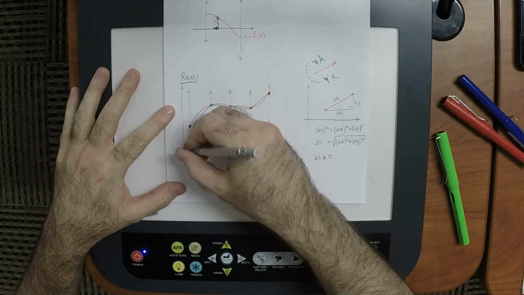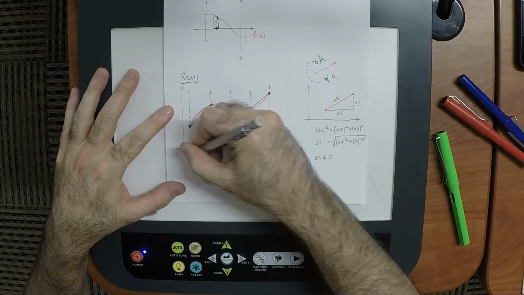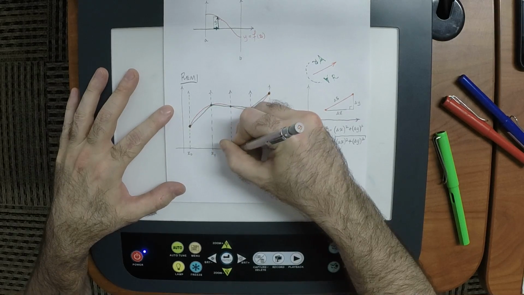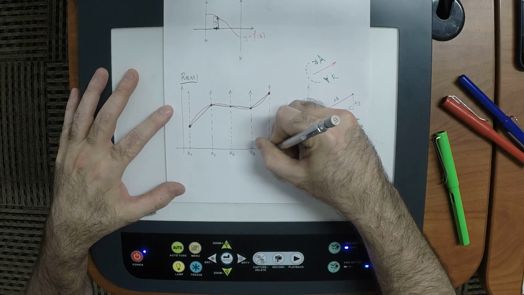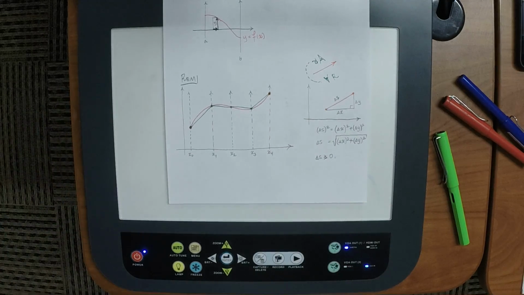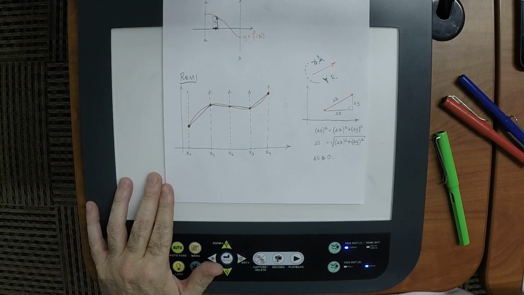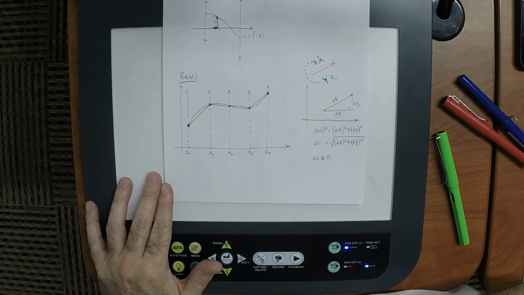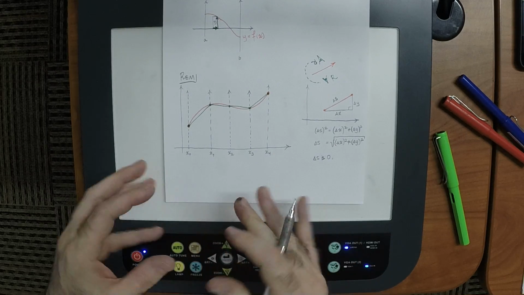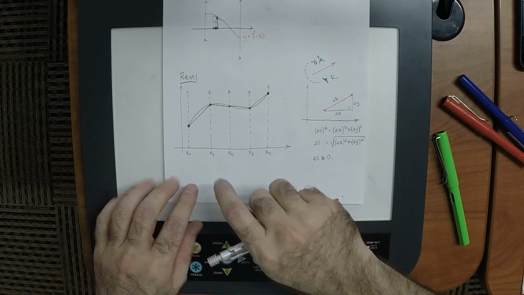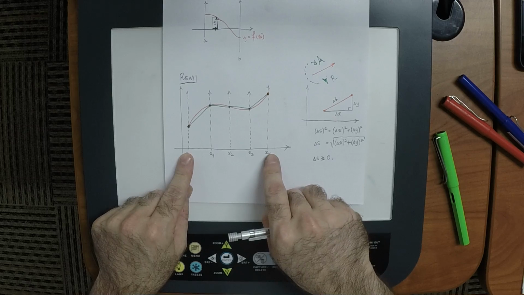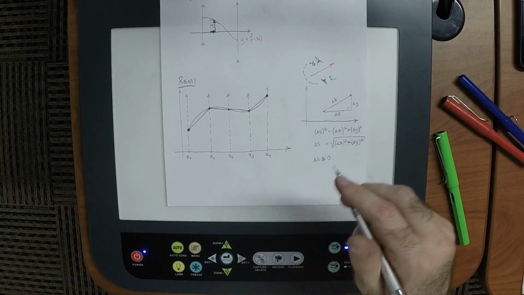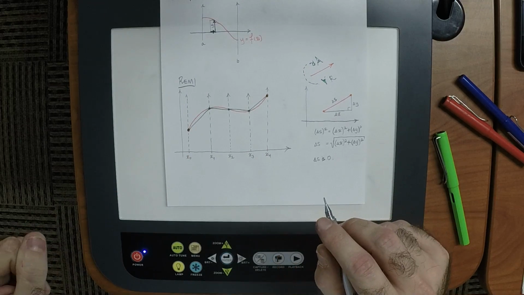So I'll say that this is x0, x1, x2, x3, and x4. Okay, and I've arranged matters, it's not necessary to do this, I could have made these all evenly spaced the way I drew it, but that need not be the case.